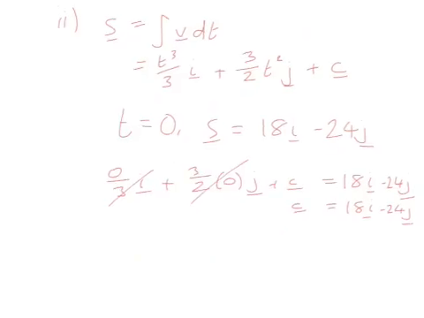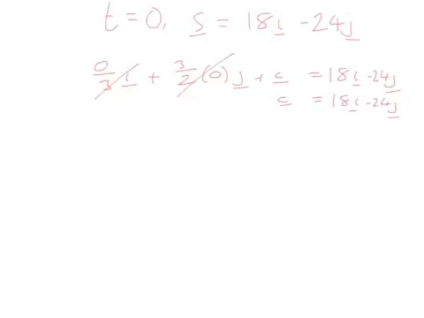Now we've got our c, we can just add that in to our expression for the displacement, meaning that our displacement will come out as s is equal to t cubed over 3 i plus 3 over 2 t squared j plus 18i minus 24j.